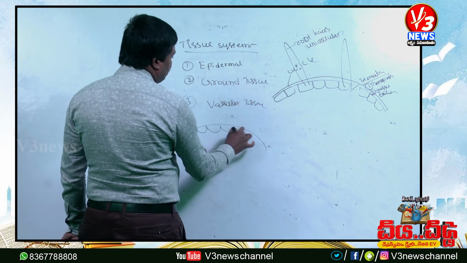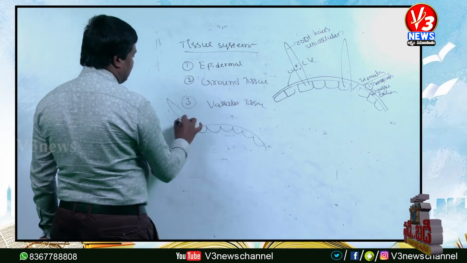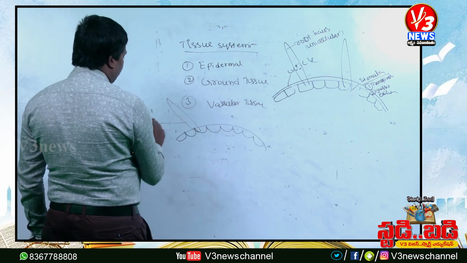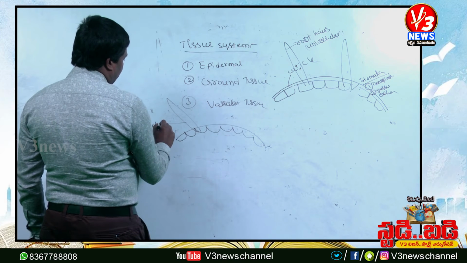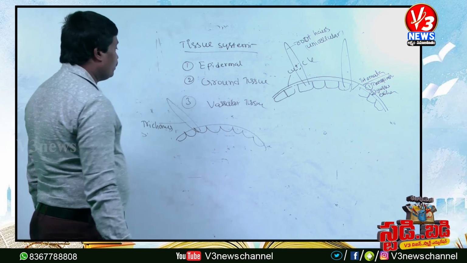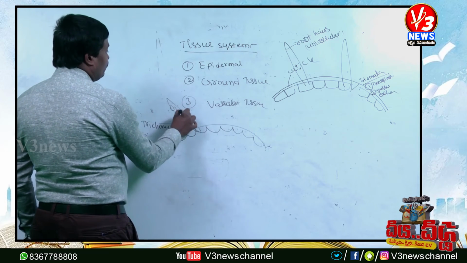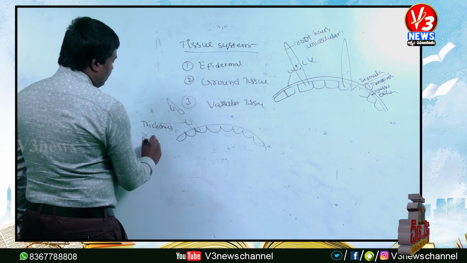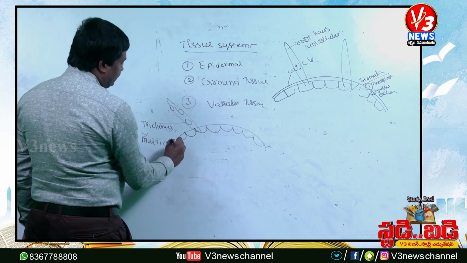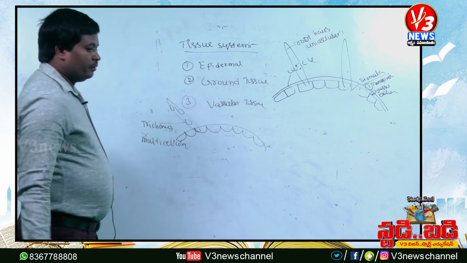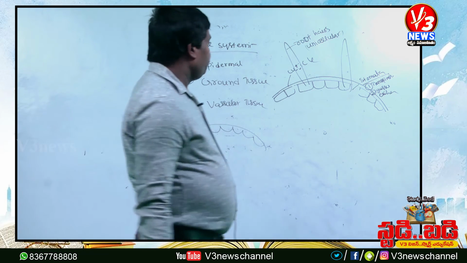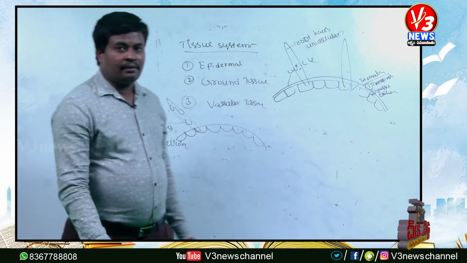The stem produces hairs called trichomes. Trichomes are multicellular. Okay, are you clear, Nana? So, the root produces hairs called root hairs.